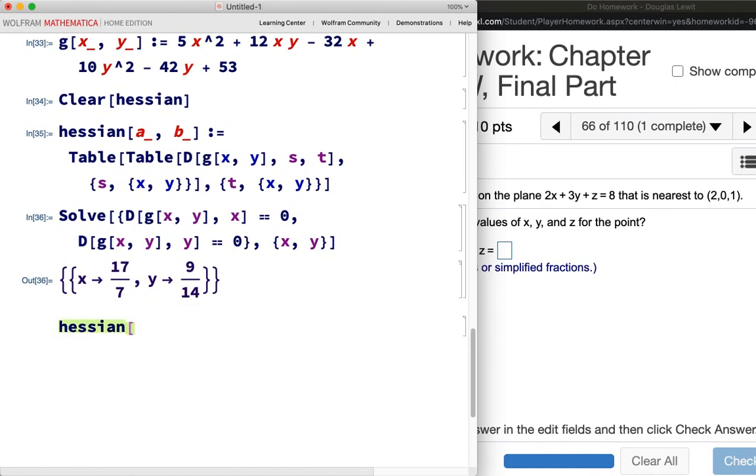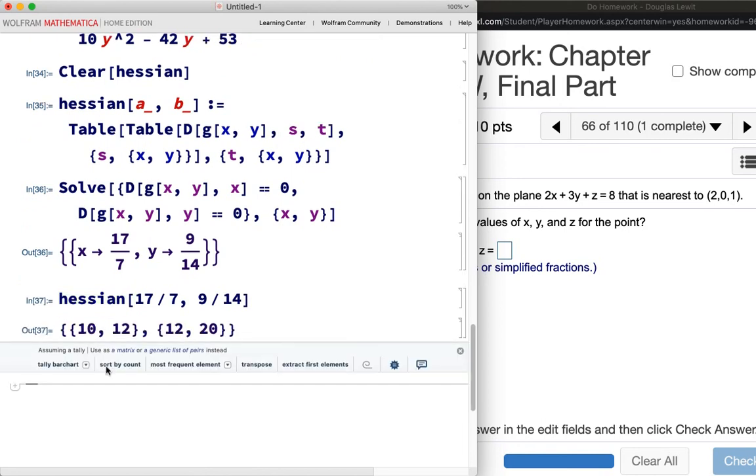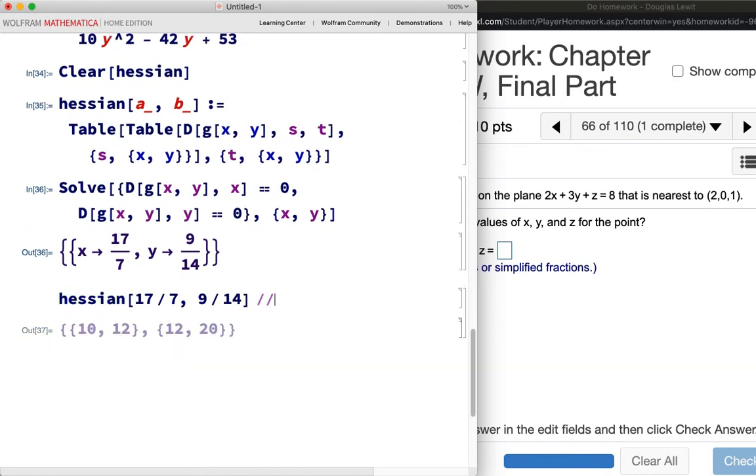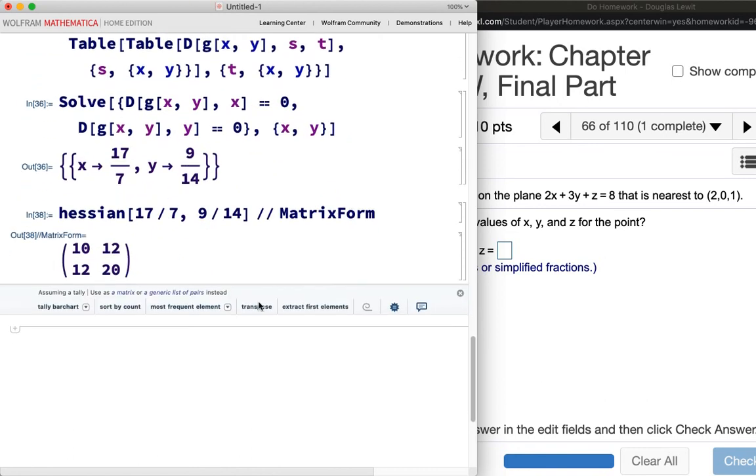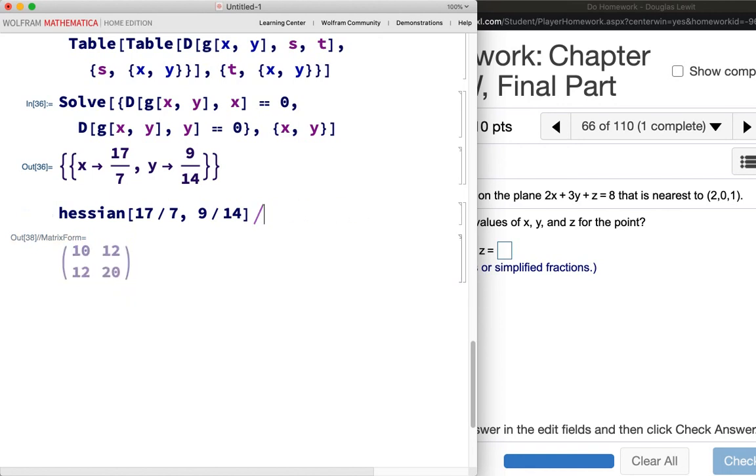So Hessian of 17 over 7 and 9 over 14. Let's make that look a little prettier. Okay, so 10, 12, 12, 20. Okay, so what is the determinant of that matrix? It should be positive. Actually, it will be positive.